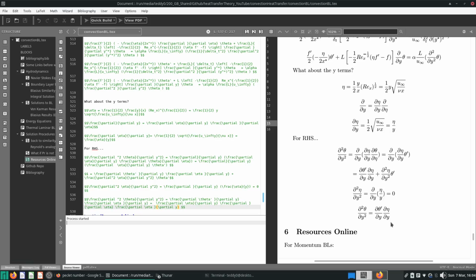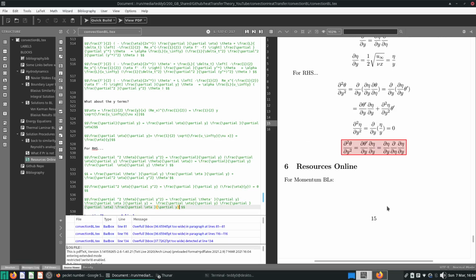Let's see whether I caught all the terms in. Okay, so this partial eta partial y is a multiple.